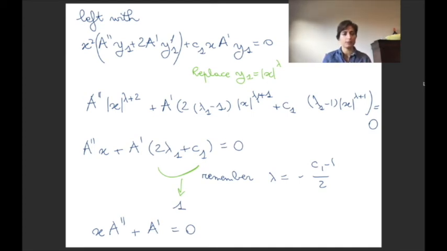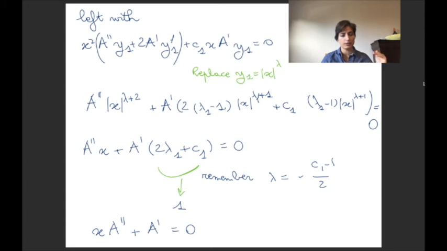We simplify by x to the power lambda plus 1 because we have that term everywhere. And we remember that we have computed lambda explicitly, so lambda is (minus c1 minus 1) divided by 2. So the coefficient in front of a prime is actually equal to 1.